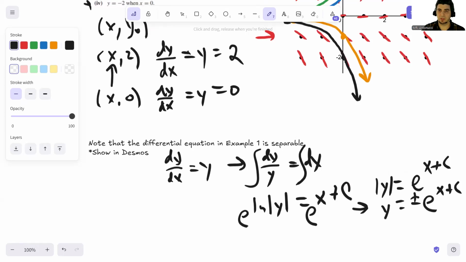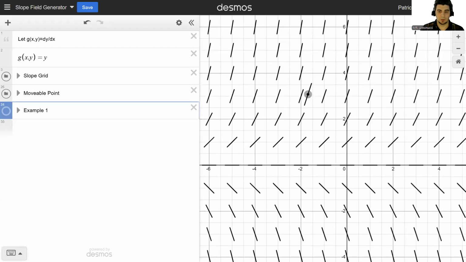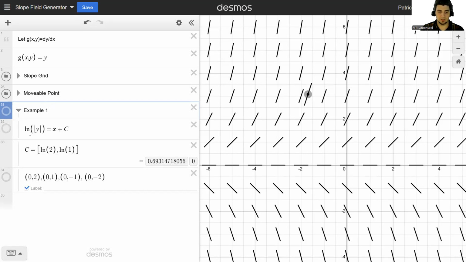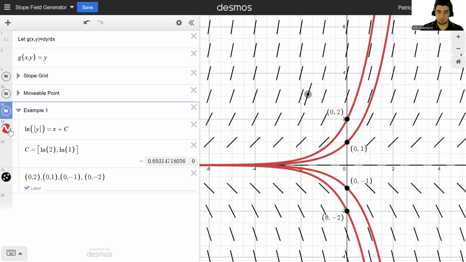Now, I want to show you this in Desmos real quick. Okay, so I have a general slope field here, and then for example 1, we have natural log absolute value y equals x plus c, and then I'm going to graph it for two different c values, when c is natural log 2 and natural log 1.